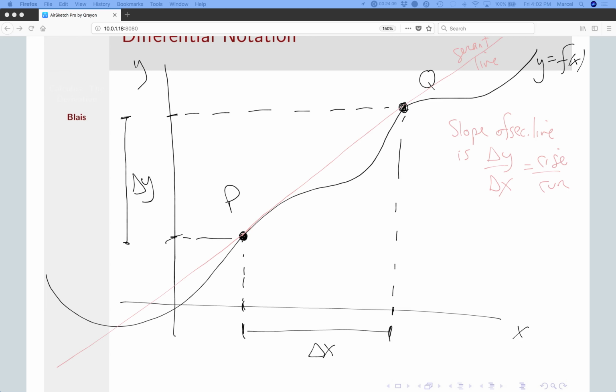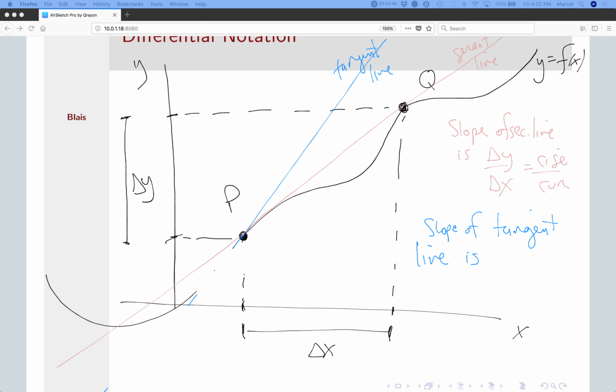And so our tangent line for this graph would look something like this. And the slope of the tangent line is a result of taking a limit. I didn't draw this tangent line terribly well.